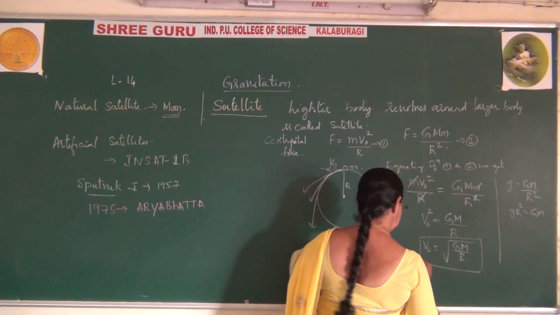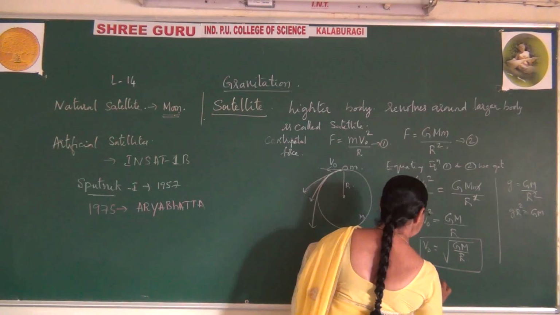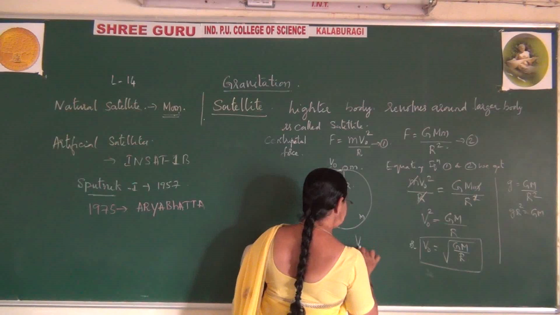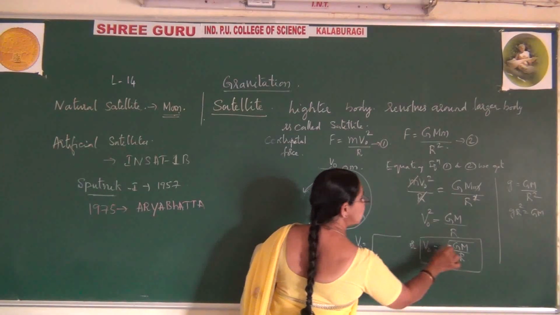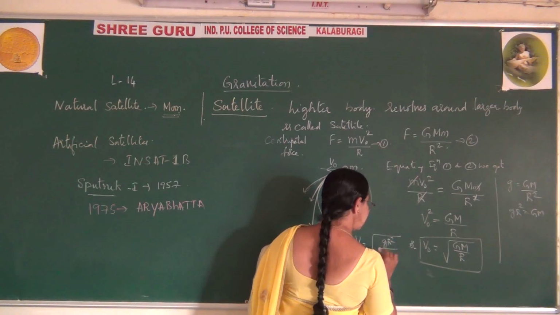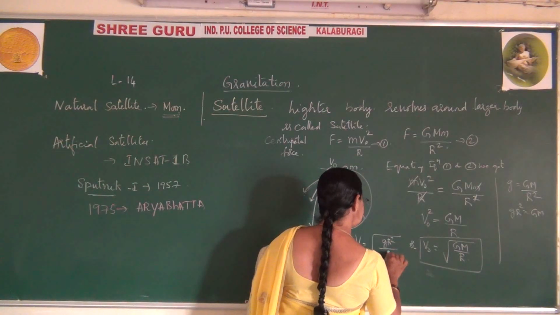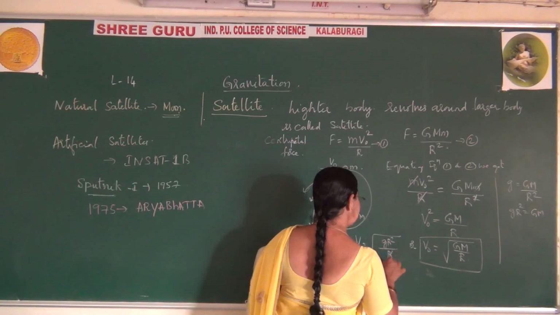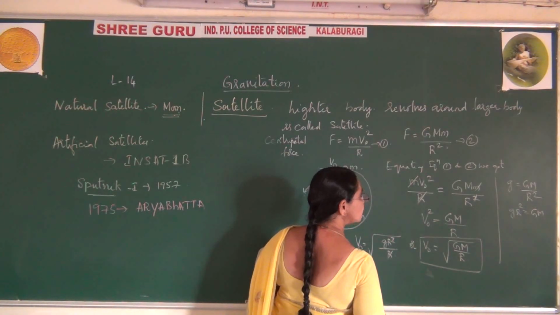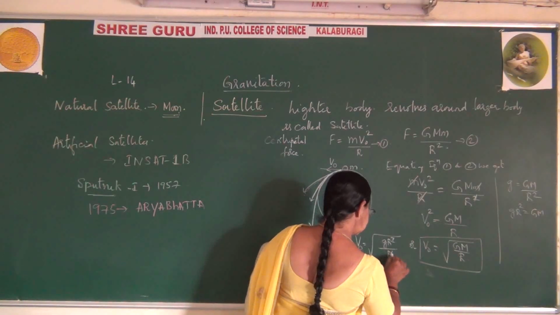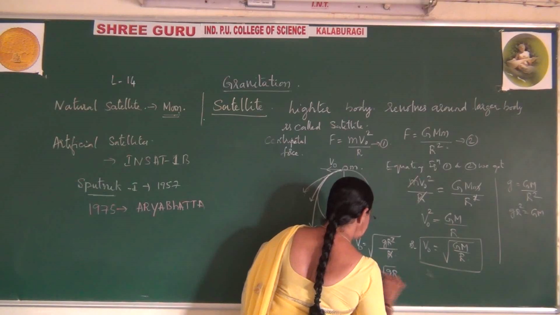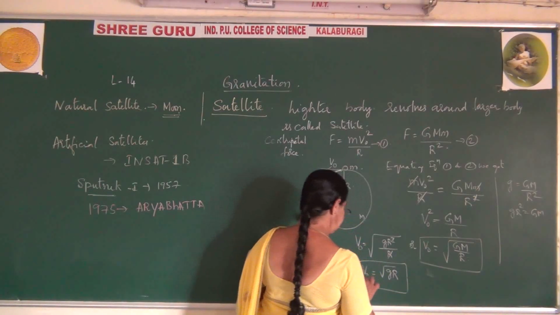If I substitute, you can also write v0 is equal to root of, instead of GM, g r square by r. This r and r cancel, so v0 is equal to root of g r. So this is one more formula.